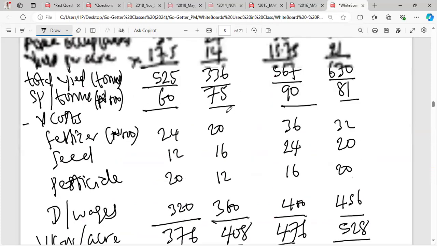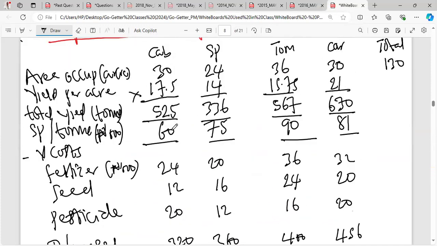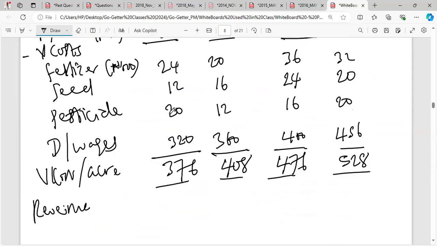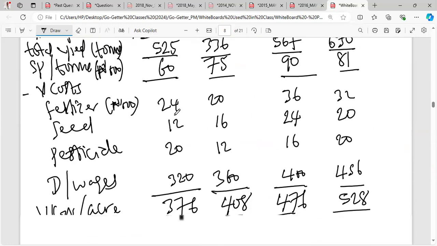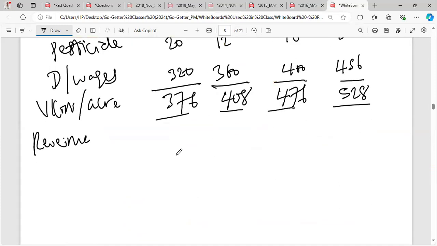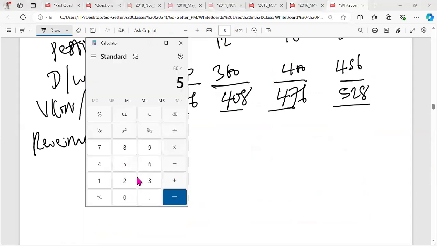That is what we are going to be doing. This multiplied by this. So we have 60 multiplied by 525. That gives me 31,500.